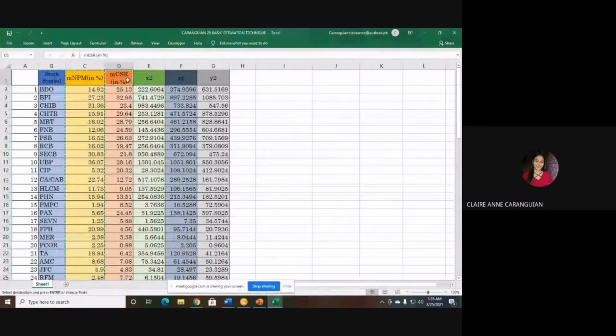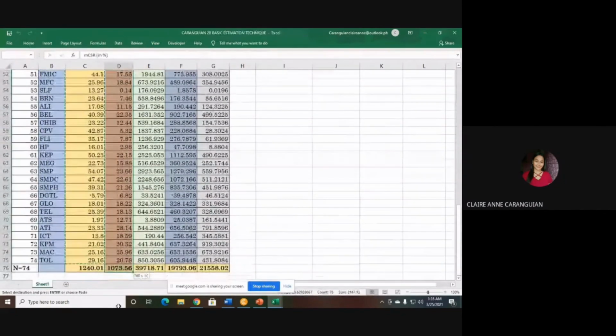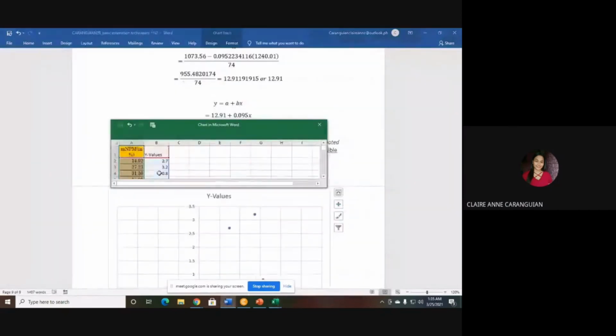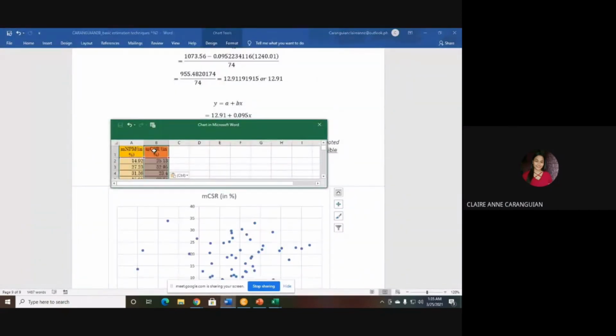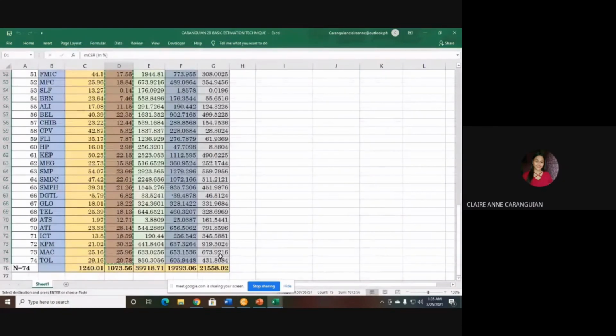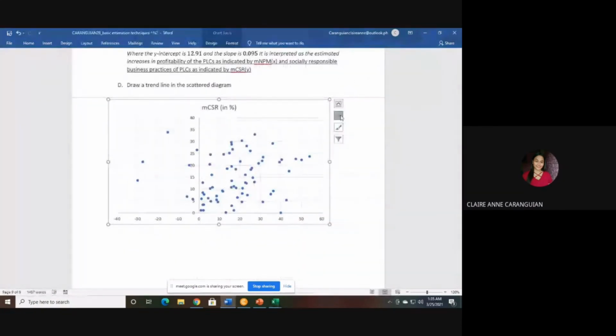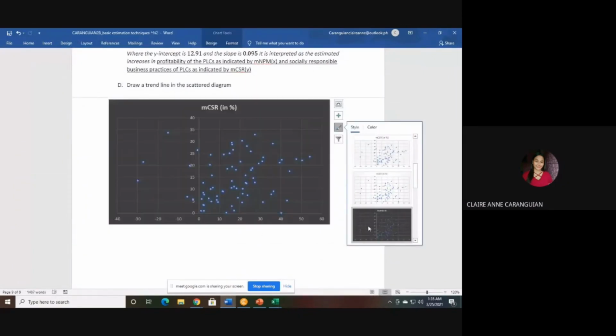Ito yung Y value natin, di ba? Copy lang din. Control C. And balik. Control V. Yan. And X. So, ito na. Click natin tong para pare-parehas tayo. Para maganda, pili tayo ng font. Yan.